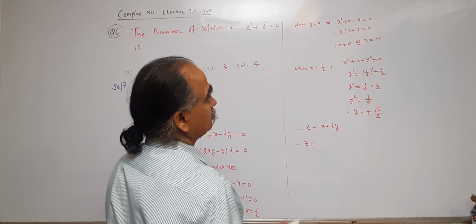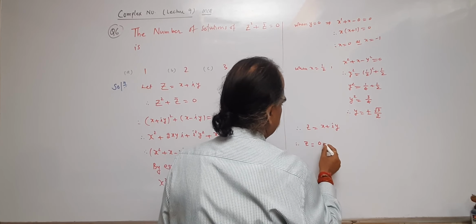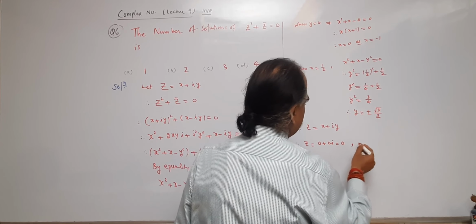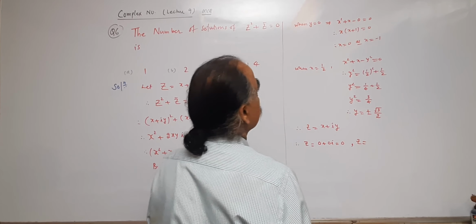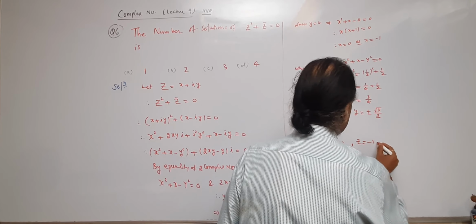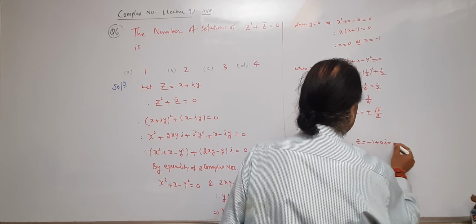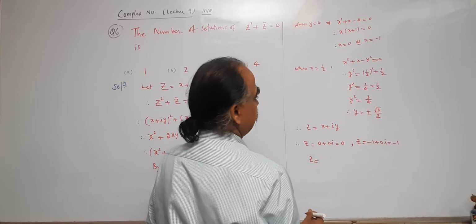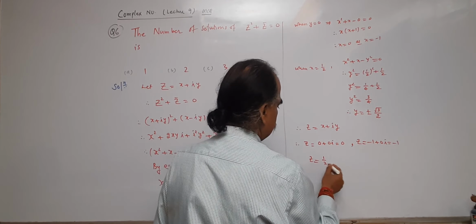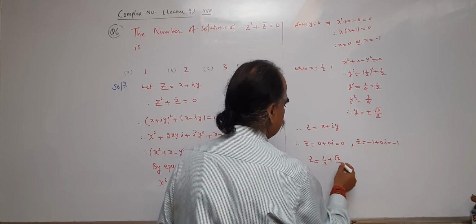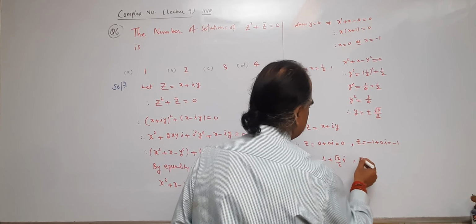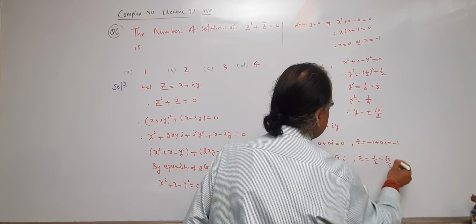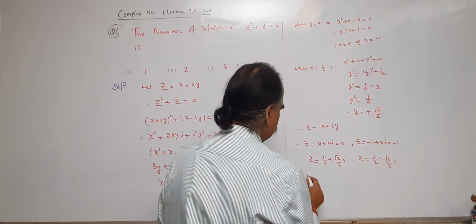When y is 0, there are two values of x: 0 plus 0i, which is the same as 0, and minus 1 plus 0i, which is minus 1. When x is half, z is half plus root 3 by 2 i, and half minus root 3 by 2 i. Therefore, the number of solutions is 4.